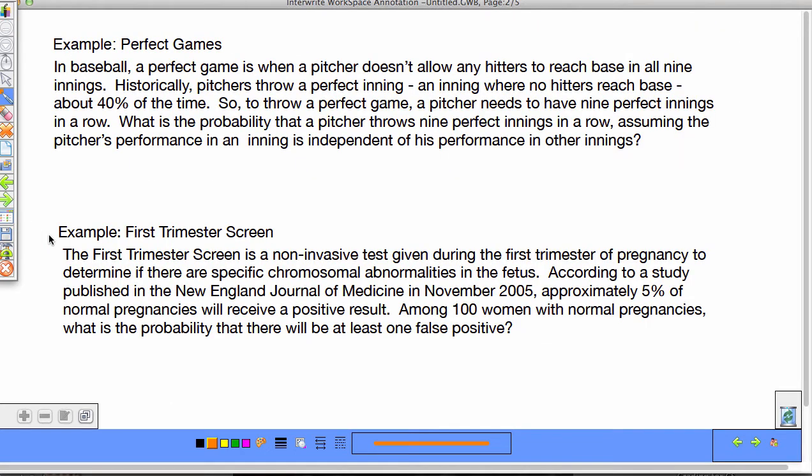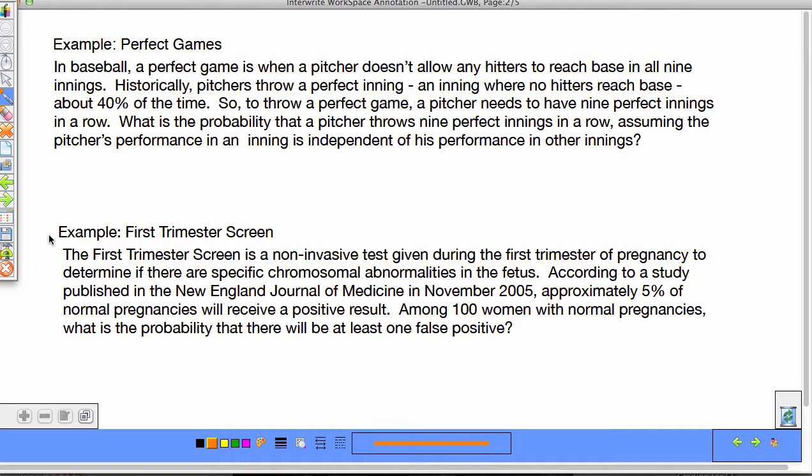Okay, so let's look at some different examples. For example, baseball. In baseball, a perfect game is when a pitcher does not allow any hitters to reach base in all 9 innings.